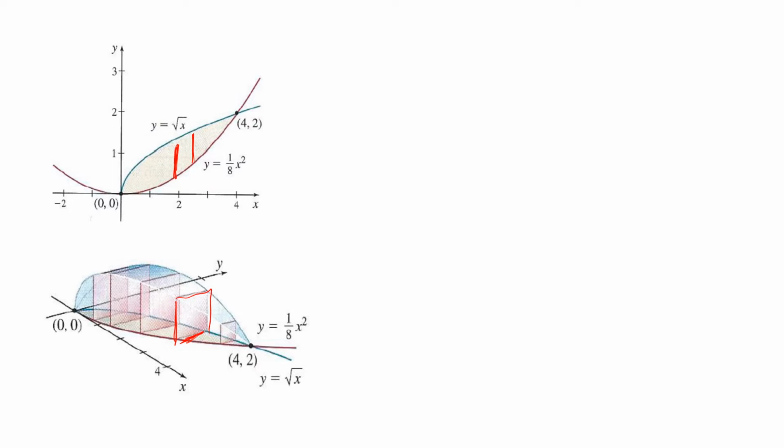We're going to find the area of each of the squares times the width, that would be dx in this case, and we're going to integrate over the interval. So in this case, we're going to have the volume. It's going to go from 0 to 4. So we go from 0 to 4 of the area of each square. An area of a square is base times height, or base squared.